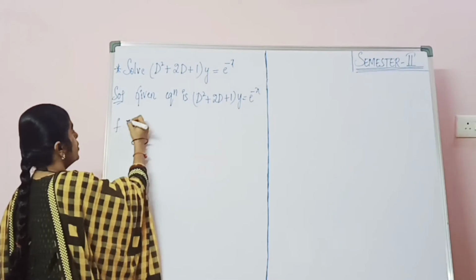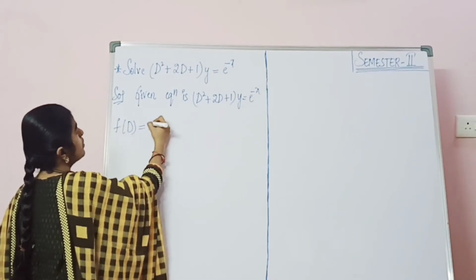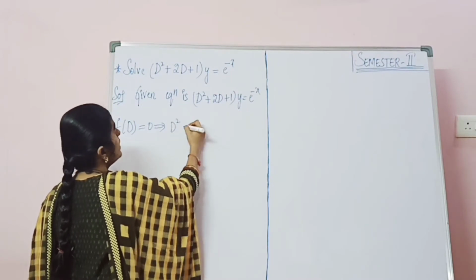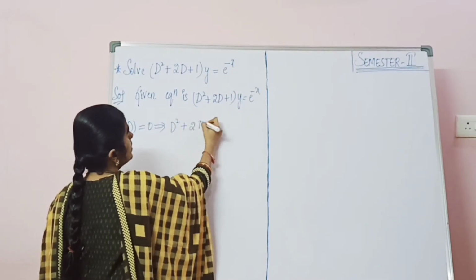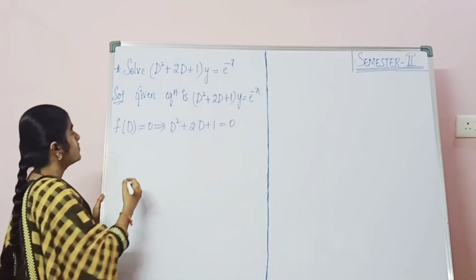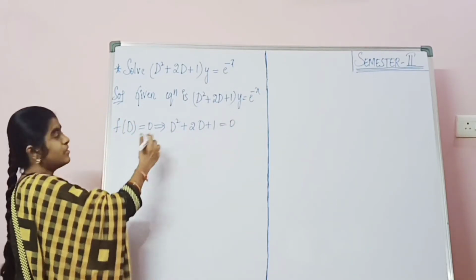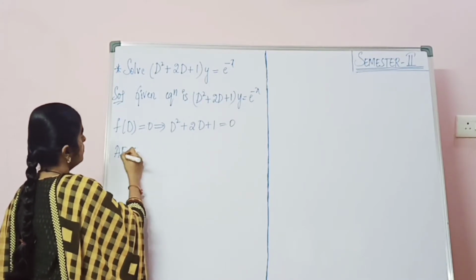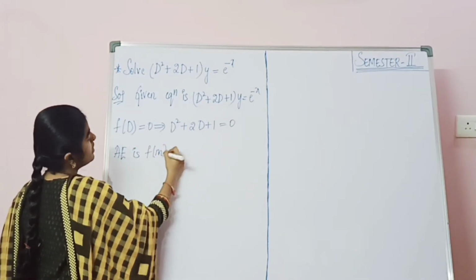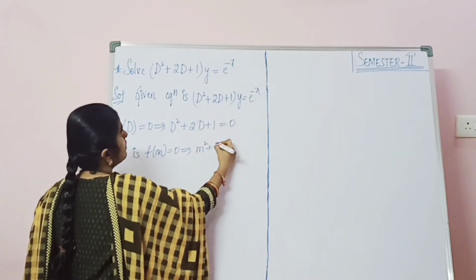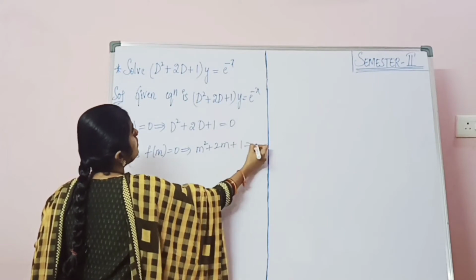What is the operator form? f of D equals 0, so D square plus 2D plus 1 equals 0. Now we have to write this in the auxiliary form. The auxiliary equation is f of m equals 0, so m square plus 2m plus 1 equals 0.